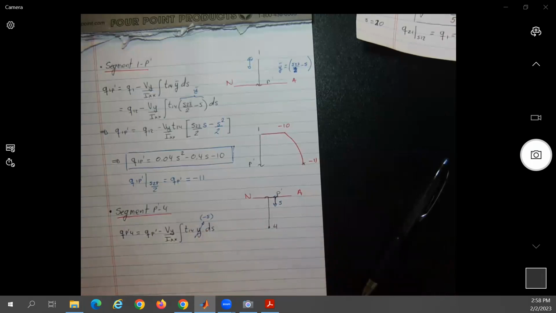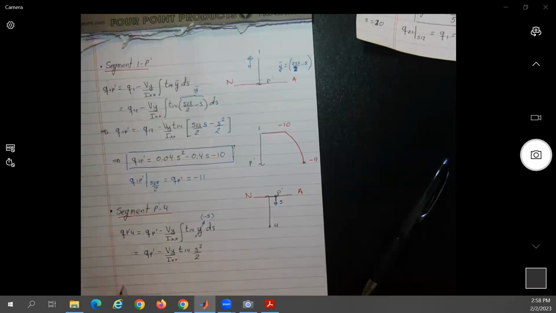So this is going to give Q, I could put values, but QP prime minus Vy over Ixx, T14, I integrate S squared over 2. So when I look at the MATLAB, it's going to give me Q P prime to 4 equal to 0.04 S squared minus 10.